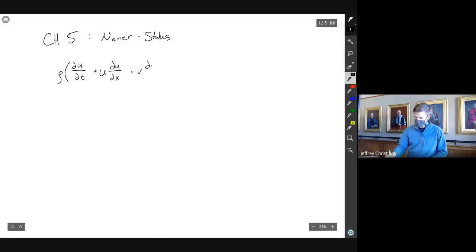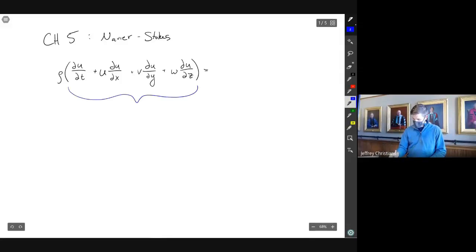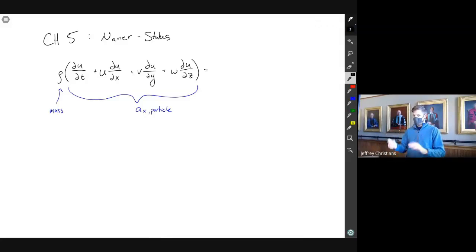Plus V dy plus u du dz equals, so right, this is that's the acceleration of our particle. That's mass. That equals the sum of all of the forces that are acting.